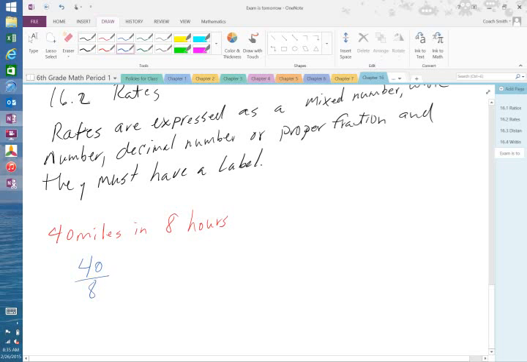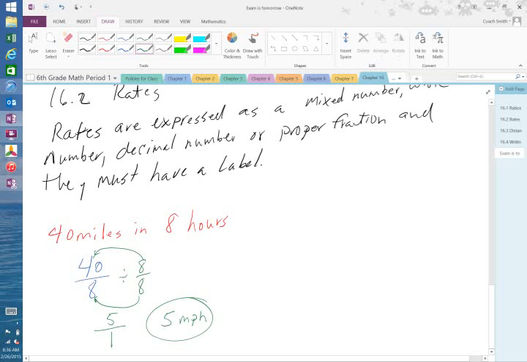Then what do I do? Reduce. Okay, so what do I reduce by? 8 goes into both of them. 8 goes into 40 5 times, 8 into 8 1 time. So that's 5 miles per hour.